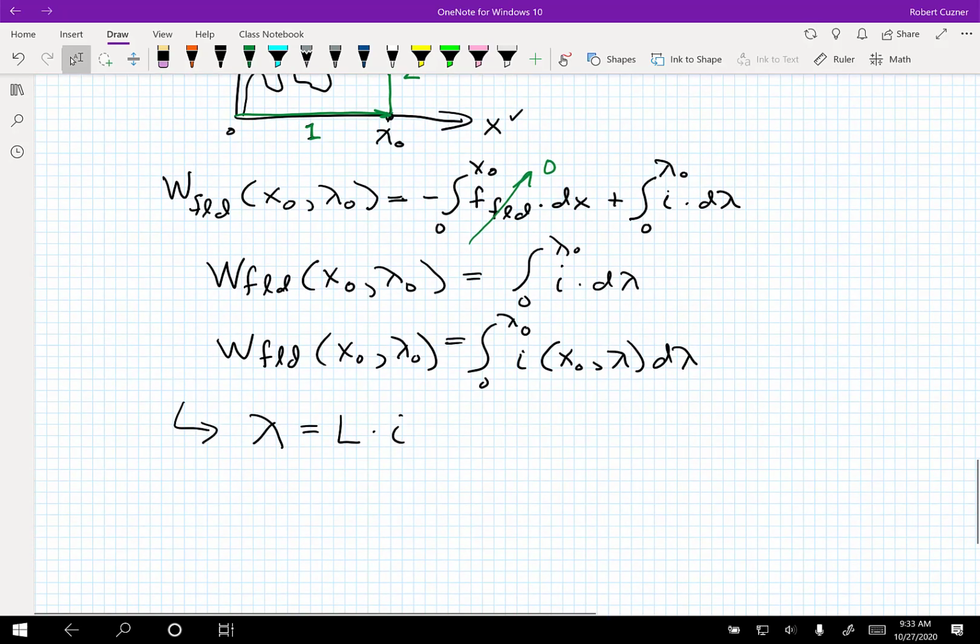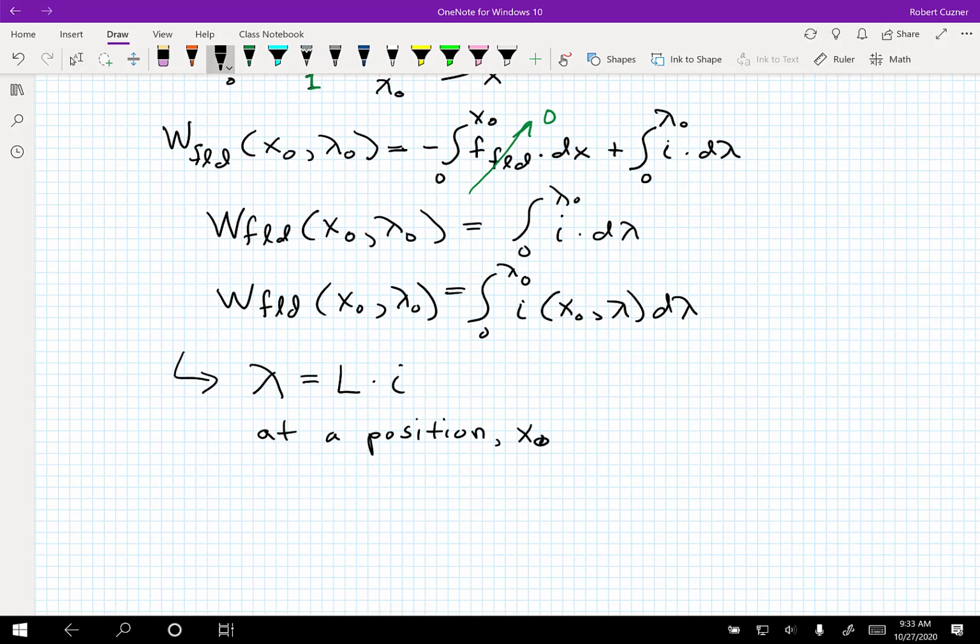And we're going to assume that at a position x0, I'm rewriting this, I therefore is equal to lambda over L. So at a position of x0, we can get a current I of x0, lambda divided by L at x0.